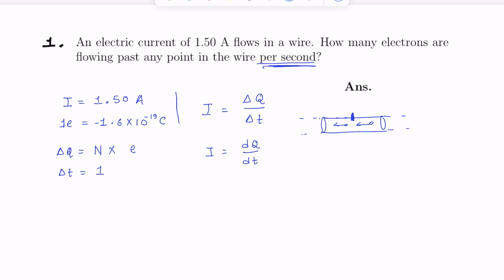So current now will be equal to delta Q, which is n times the charge on one electron, divided by 1 second. And current is given to us in SI as 1.50 ampere, and that is equal to n e, where n is the number of electrons passing.